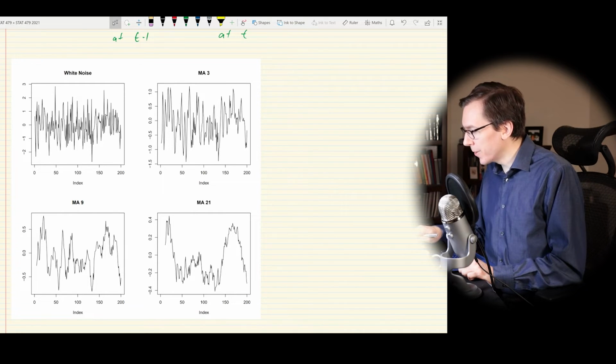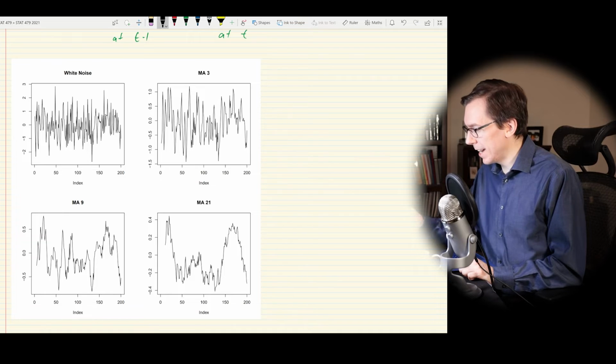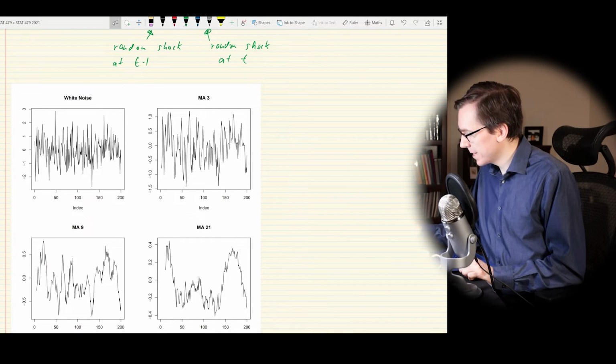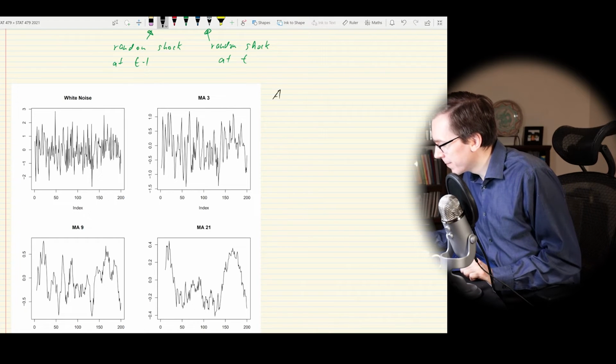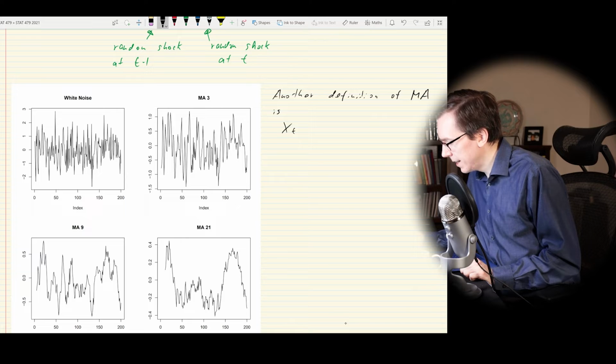Okay, so there's one thing that I didn't mention yet, and that is another definition of MA, which is to take X_t and write it as the sum over j from 1 to q.